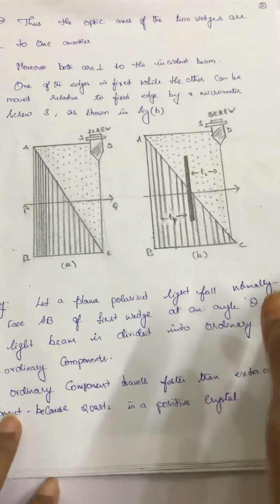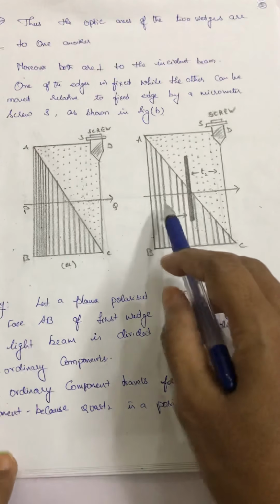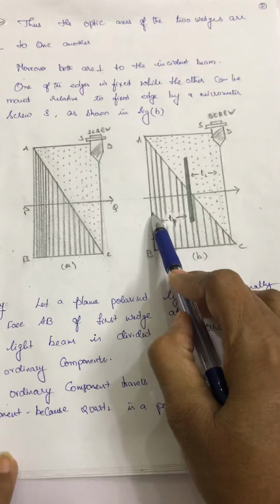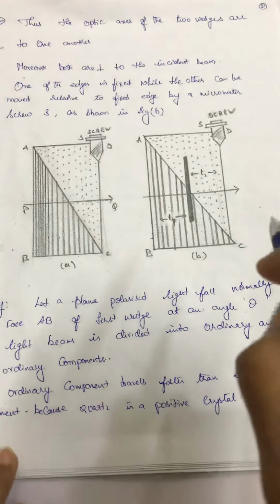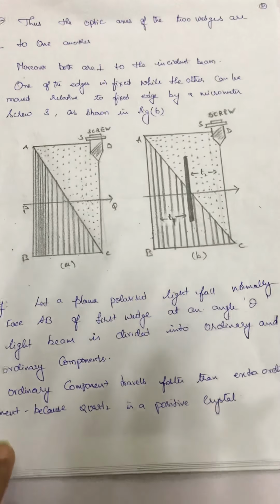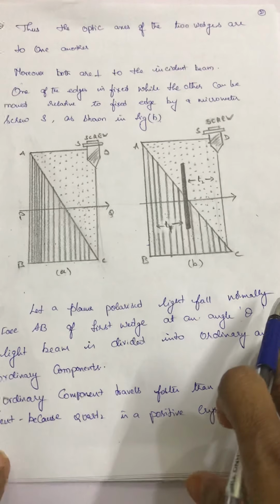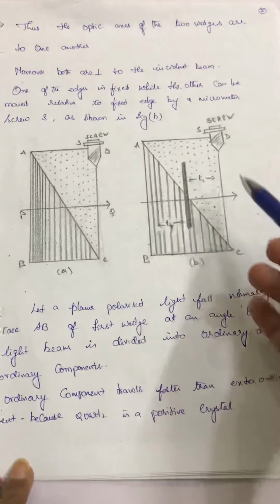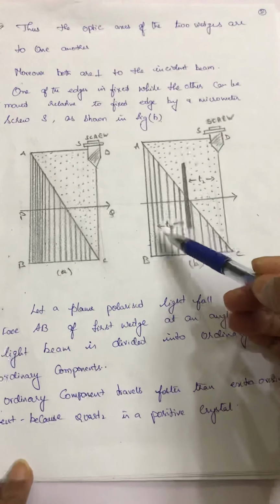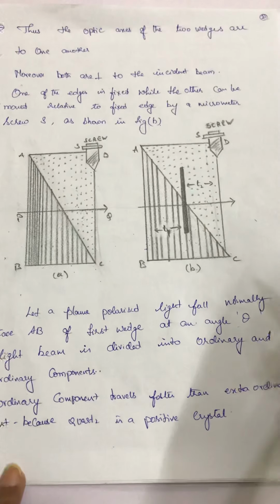Now whenever polarized light falls normally on the face AB, that is the first wedge, at an angle theta, the light beam is divided into ordinary and extraordinary components.